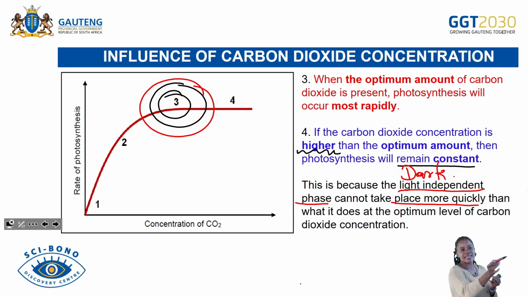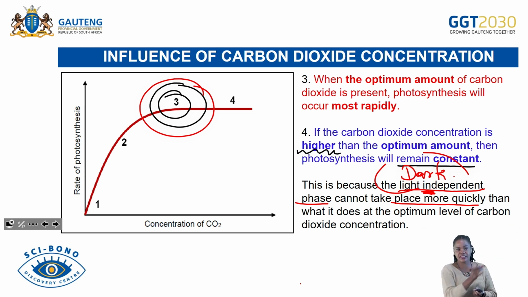This phase does not require sunlight to happen. So if the optimum has been reached, photosynthesis cannot take place more and more quickly during the dark phase, as compared to the optimum value.